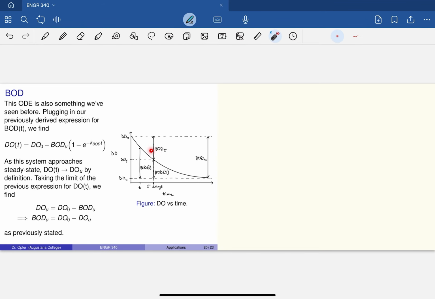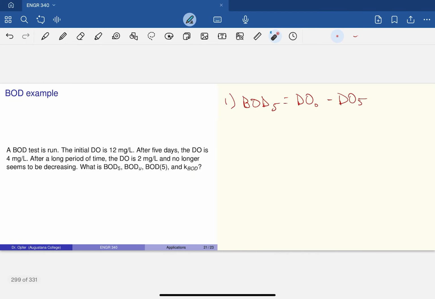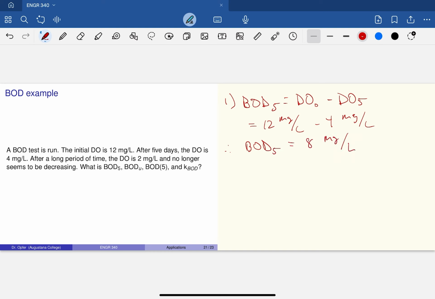So we're dealing with this quantity right here. The initial dissolved oxygen is 12 milligrams per liter. After 5 days, we have 4 milligrams per liter. So therefore, BOD sub 5 is just equal to 8 milligrams per liter.